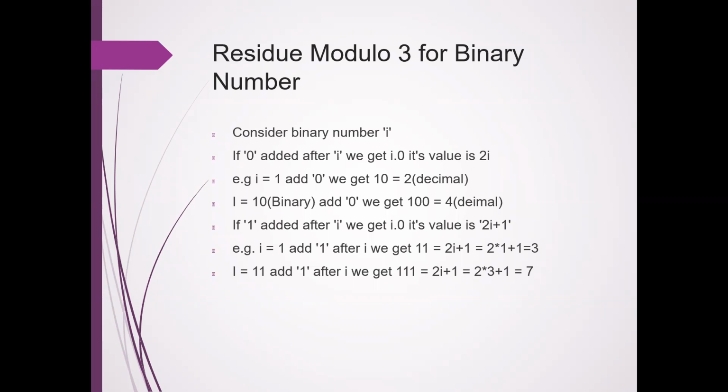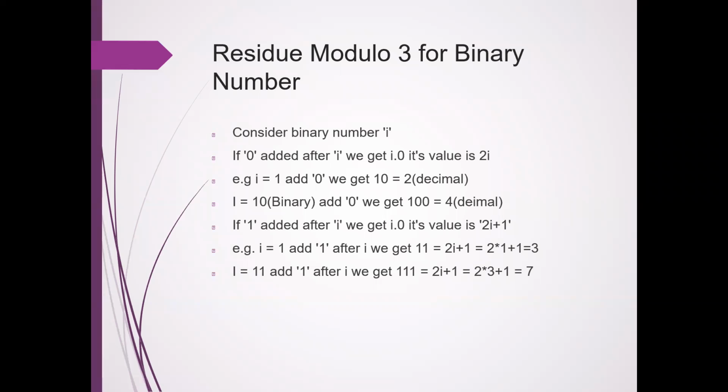It means when you concatenate 0 to 2, the remainder will be 1. So you need to navigate to the state which generates remainder 1. Where will you go? Q1. So Q2 on input 0 goes to Q1, right?